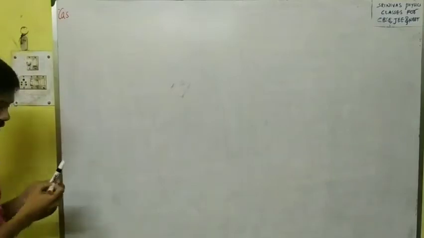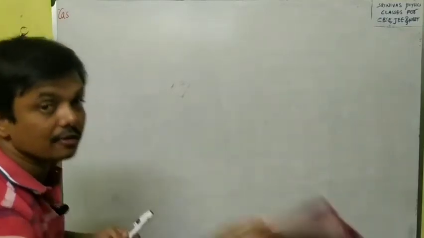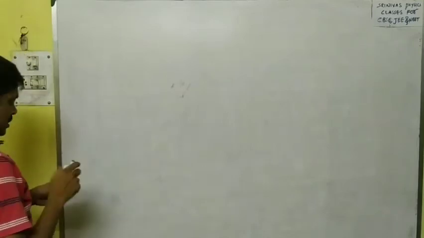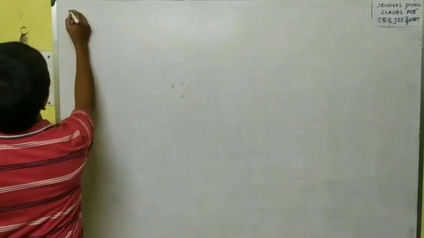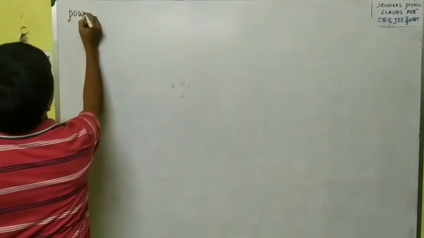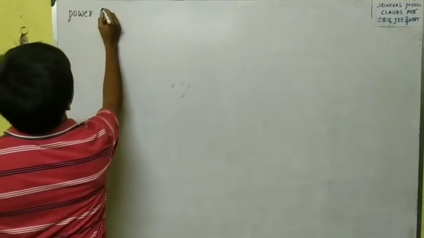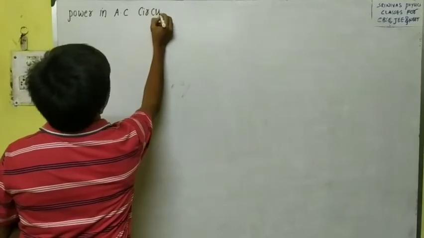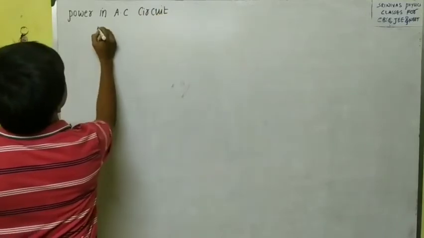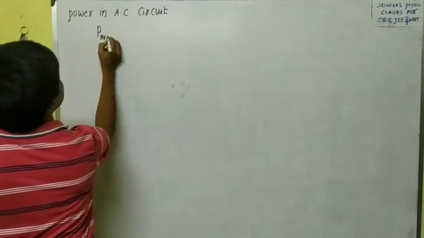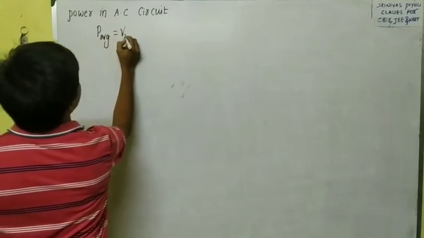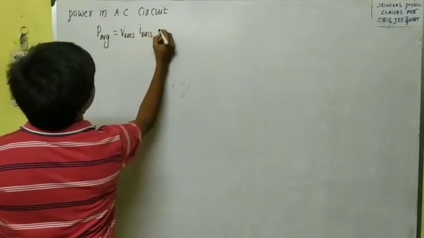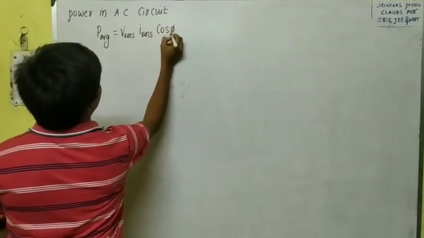And for that, first we write the formula for the average power, or the power in an AC circuit. How to calculate the power in an AC circuit? That formula is Vrms into Irms into cos phi.